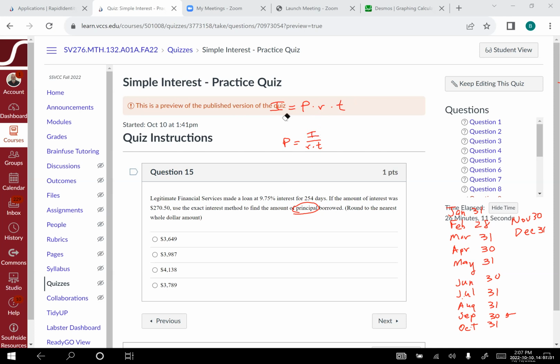And there it is. So now we can plug these numbers in because we're given the rate here, the time here, and the interest amount here.